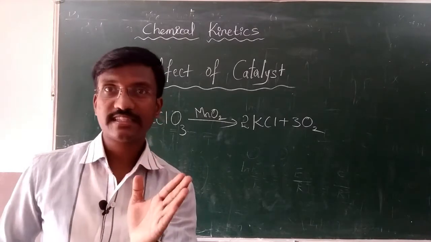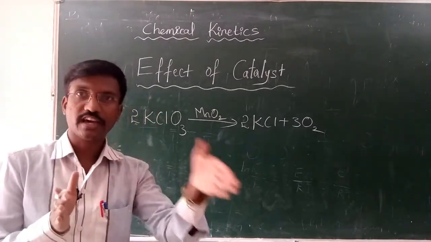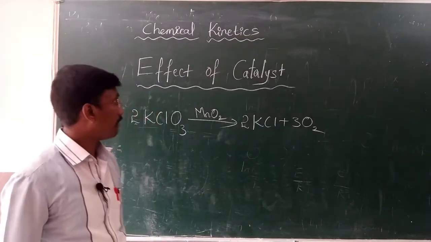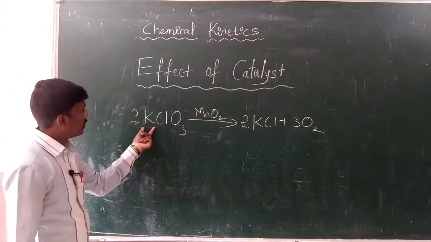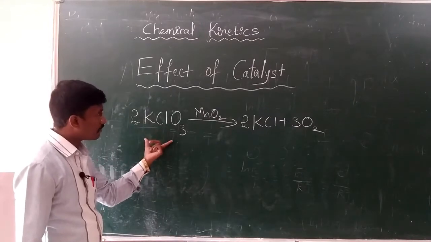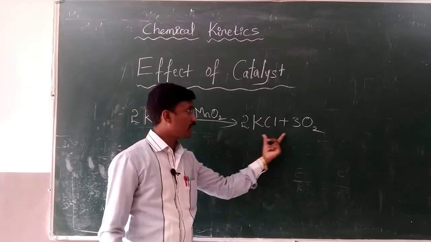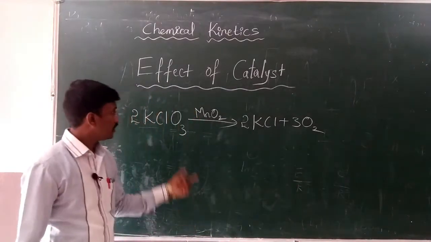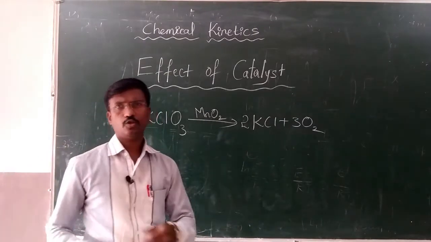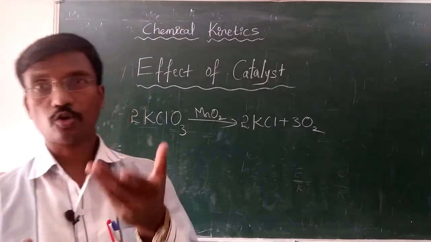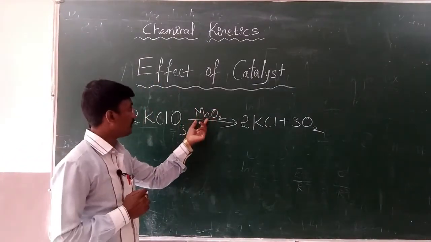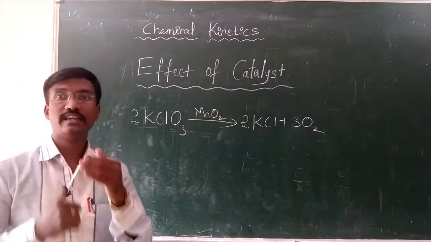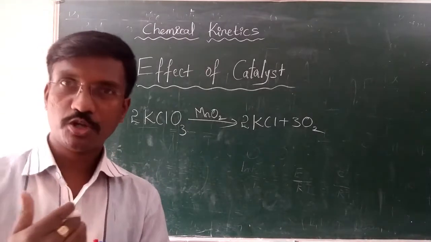Obviously it increases the speed of the reaction. For example, KClO3 undergoes a decomposition reaction to give KCl and O2. This reaction may take more than 1 or 2 hours. When we use the catalyst MnO2, it increases the speed of formation of the product.